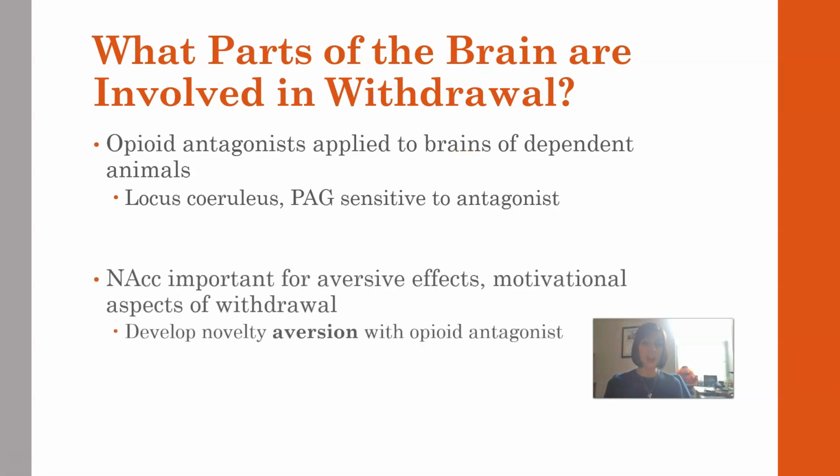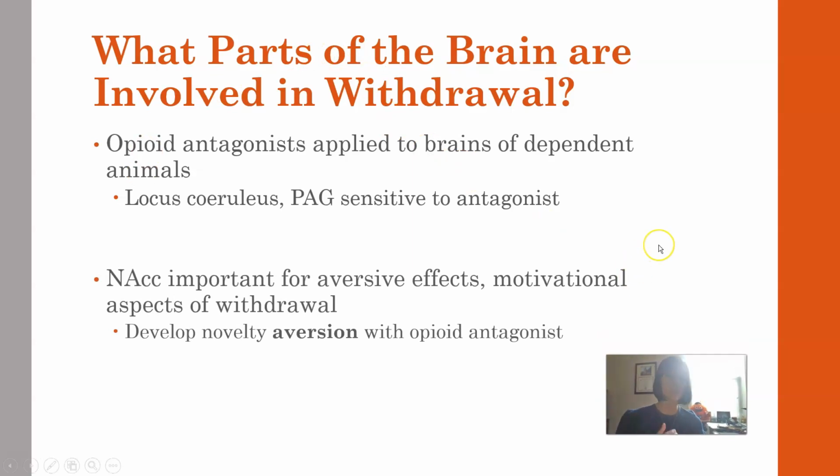The nucleus accumbens also seems to be important for aversive effects and the motivational aspects of withdrawal. So one thing that we know about animals is that they tend to prefer novelty. As I mentioned in class yesterday, animals generally don't like to return to the same place. They don't necessarily want to look at the same thing. They prefer novelty.